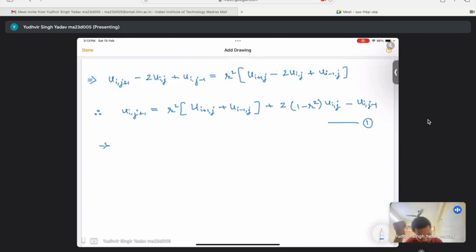Here you can also note that this is an explicit scheme. Also, this is a three-level scheme or three-level formula.